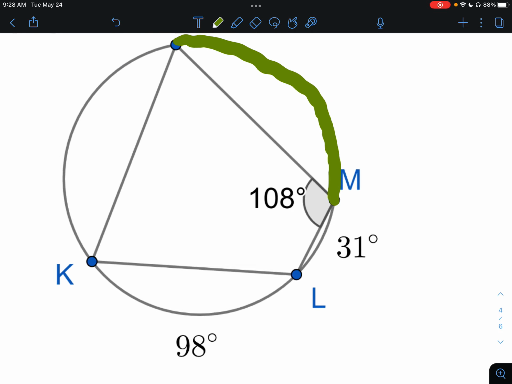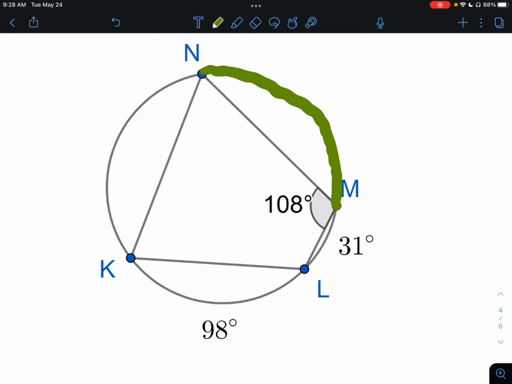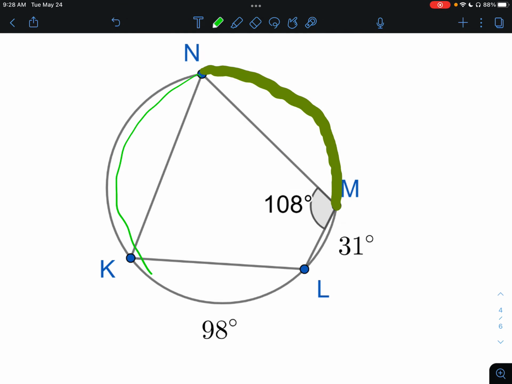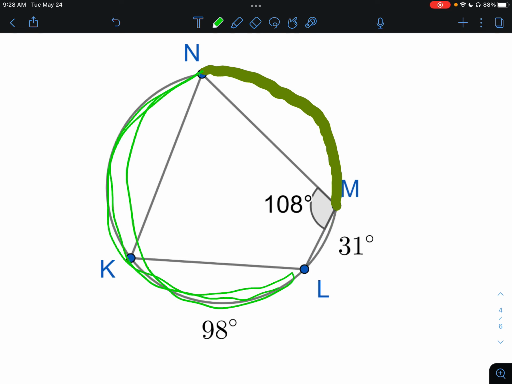One thing I could do is use this 108-degree angle to find this whole arc, no, not the whole arc, just this part up to the L. So arc NKL, because it's across from it. I can do 108 times 2, and that'll tell me this whole thing, add that to 31, and then subtract that entire thing from 360 to get the remainder.